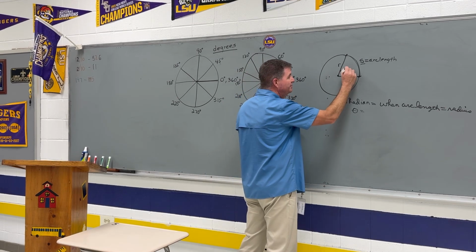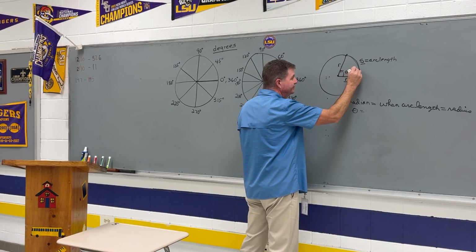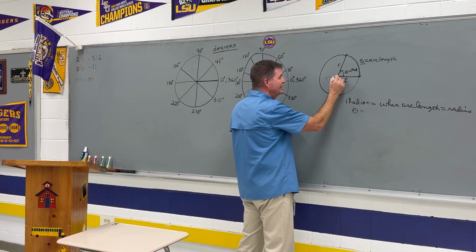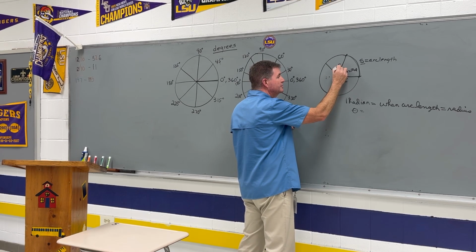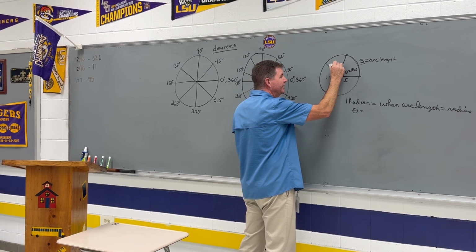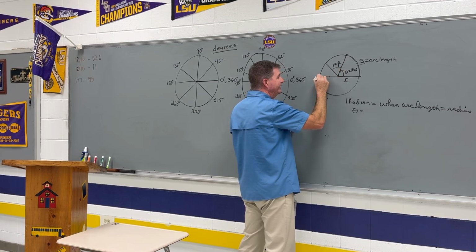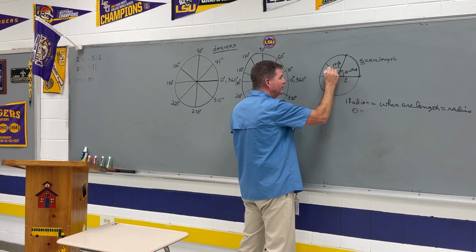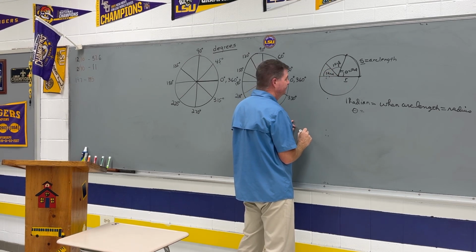So this would be 1 radian. And if I can section it off, I would have another radian, and 1 more radian, and so on until I got all the way around the circle.